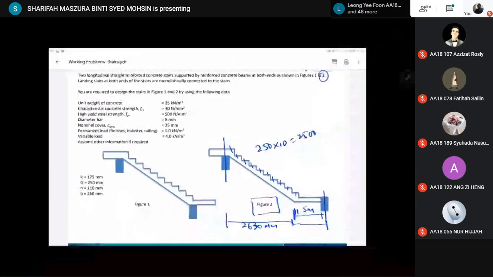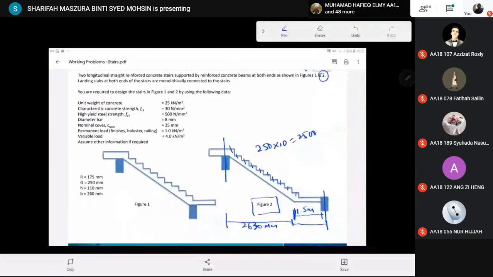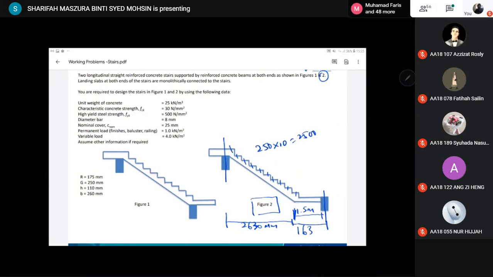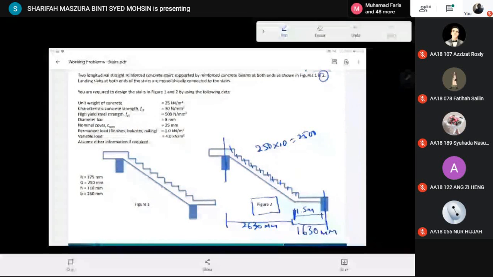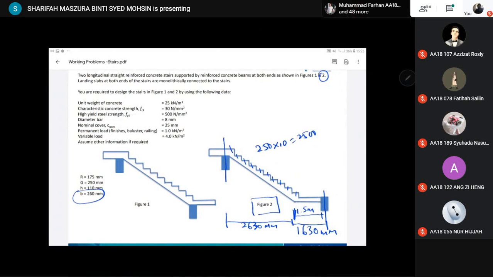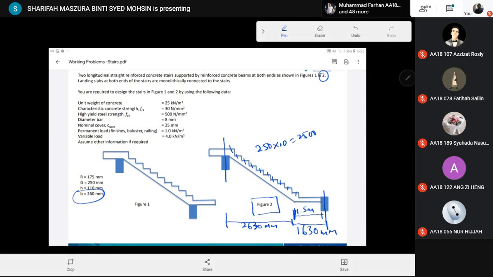And then for landing, 1500 plus 260 divided by 2, so this will be 1630 mm. Okay. Because B is 260, so we have to plus B divided by 2. The rest of the specification is the same.